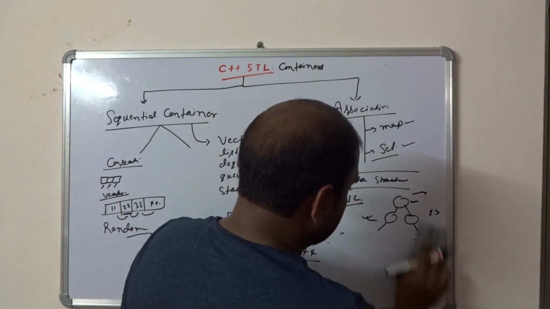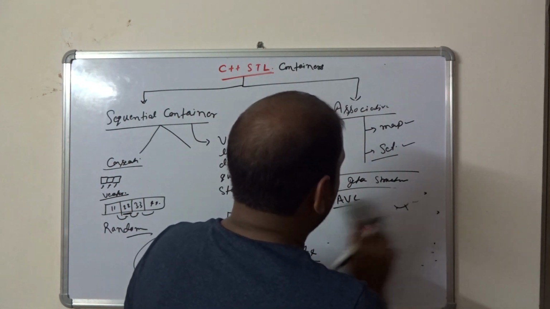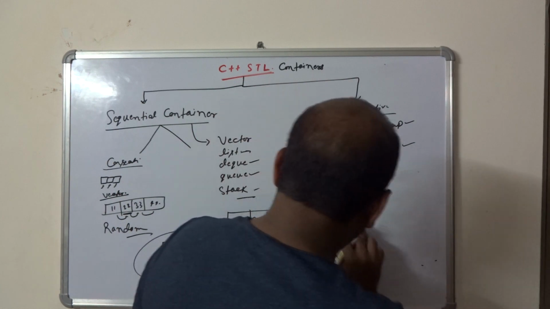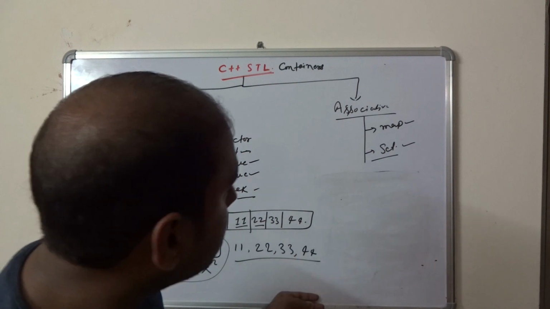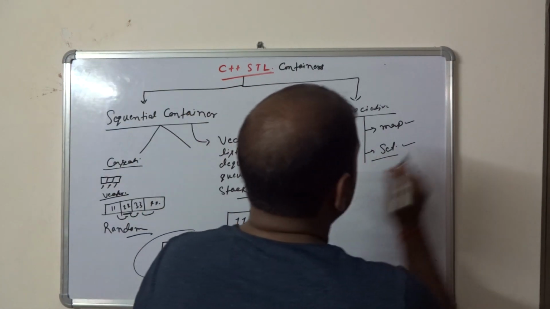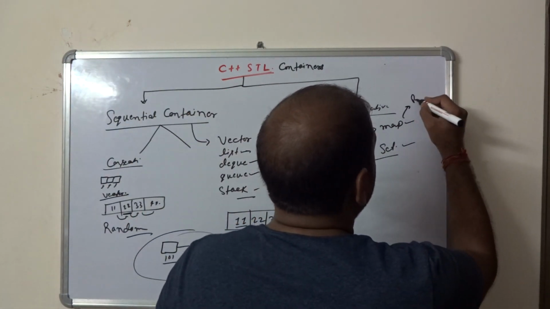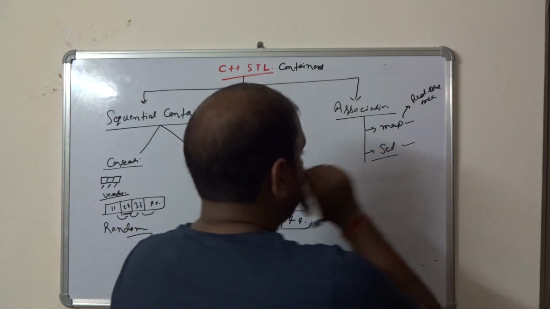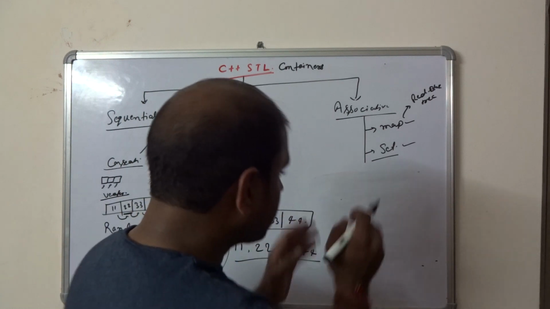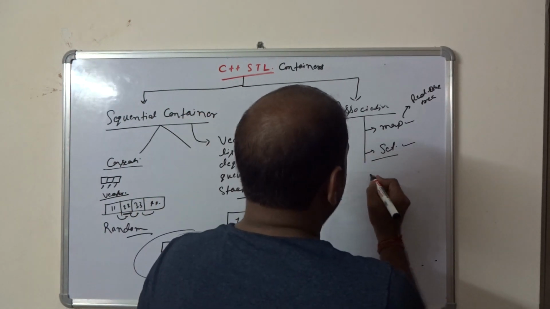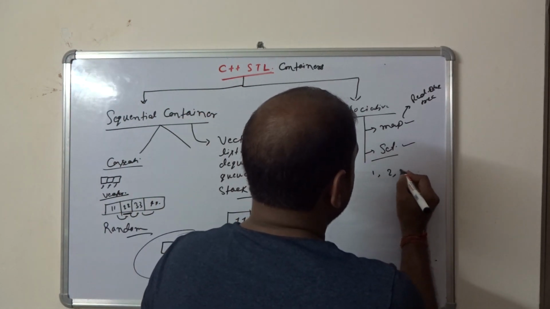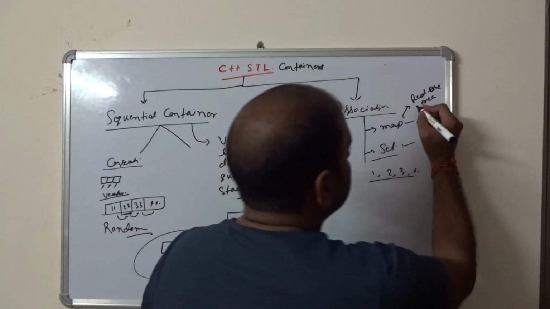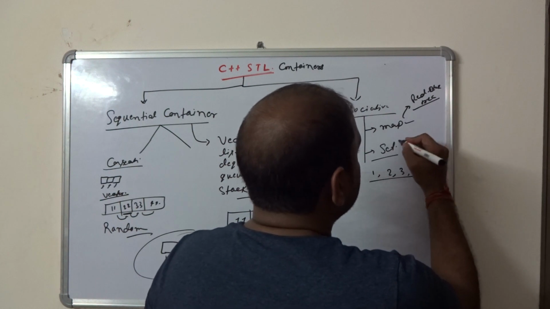Talking about the associative containers in G++, if you see the policy of map and set, internally they use the red black tree only. Red black tree is common for both.